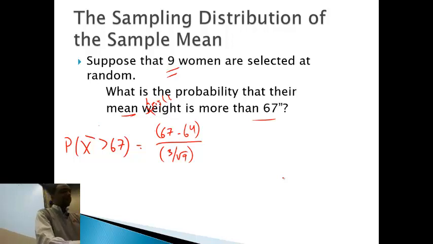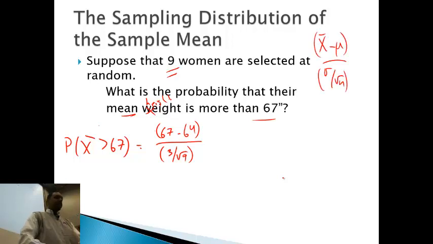Again, just for those who are just joining us, x bar minus mu over standard deviation over radical n is the formula you want to use here. And that's how I got that. What's that? 3 over 1.